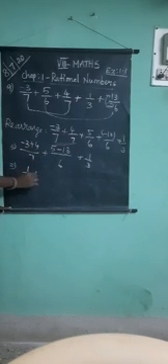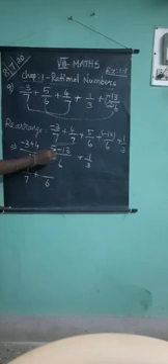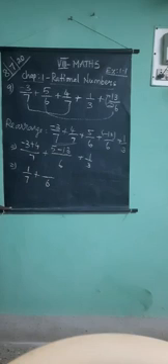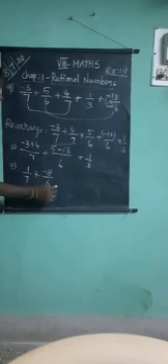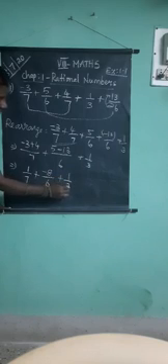Plus, denominator is 6. Now see 5 minus 13. Both numbers are different, you have to subtract. Subtract means you get 8, so minus 8 by 6 plus 1 by 3.